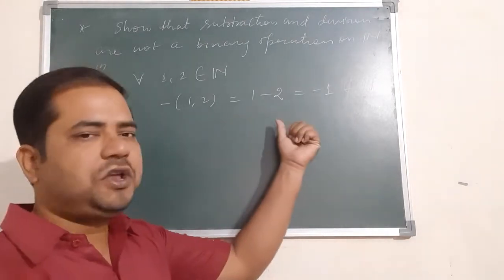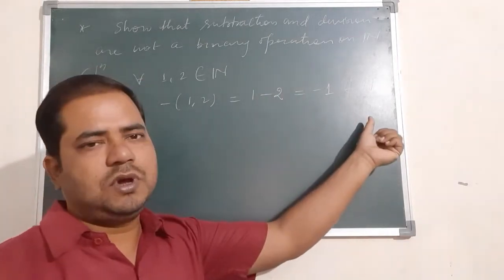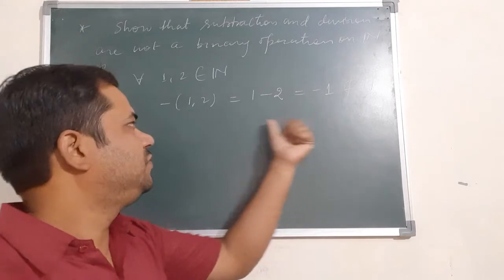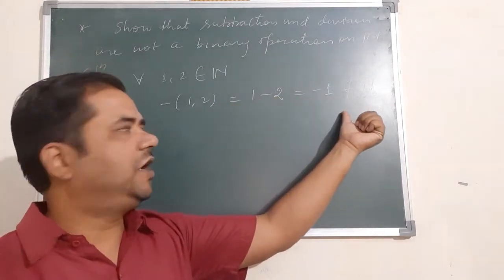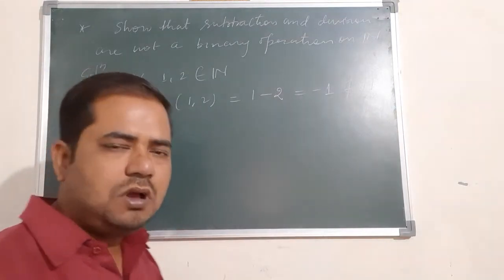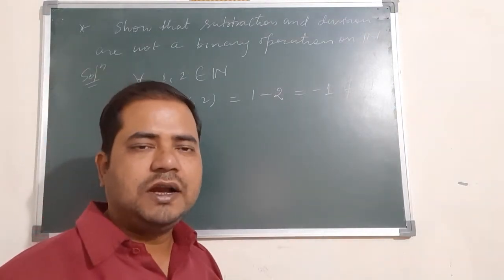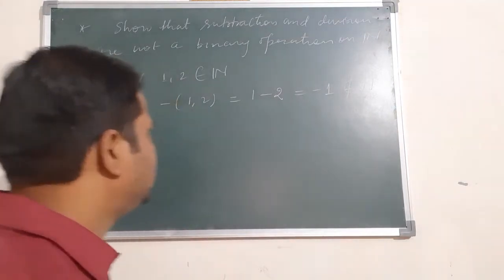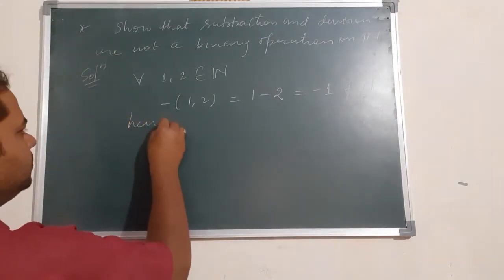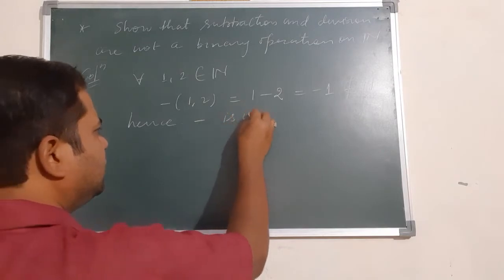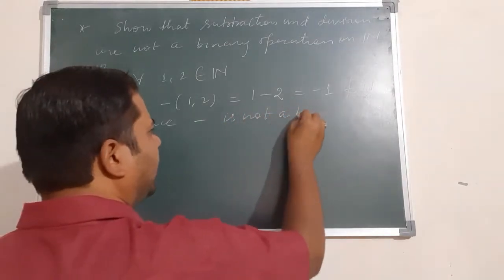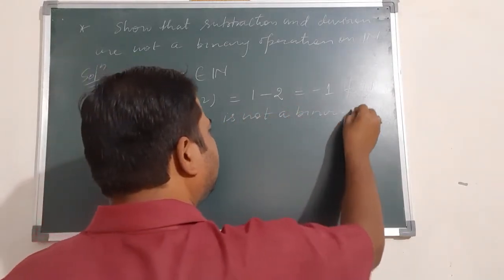If it is a binary operation, then it must belong to the natural numbers. But if you see here 1 and 2, two numbers, 1 minus 2, that means minus 1, does not belong to the natural numbers. That's why it is not a binary operation. Hence subtraction is not a binary operation.